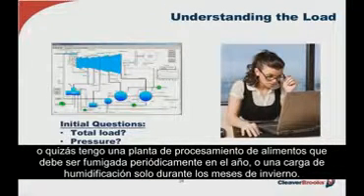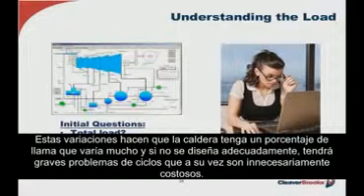Or maybe I have a humidification load, but it's only in the winter months. These variations will cause my boiler to significantly vary its firing rate, and if not sized and engineered properly, will experience serious cycling problems and costing serious and needless fuel cost dollars.